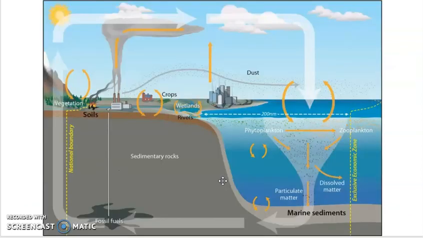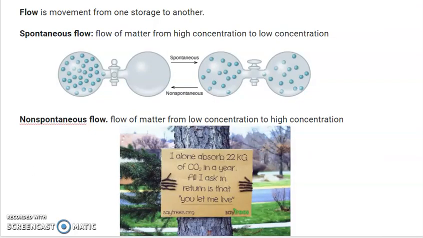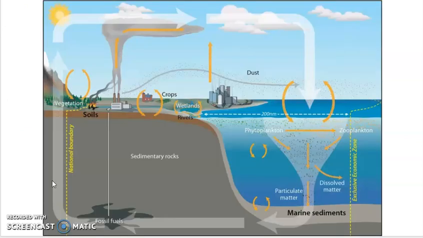So here in this image, you can see the storages. We have air, water, earth crust, soil, and living organisms, which are called biota. We also say flow. Flow is the movement from one storage to another. Like this carbon dioxide is absorbed by air first, or it is absorbed by biota, right?